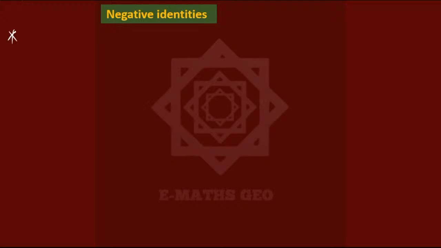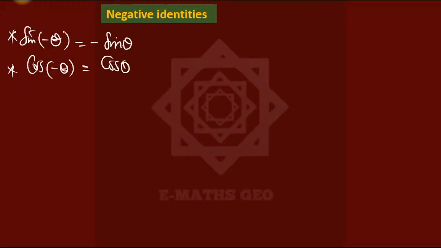So the negative identity, the first one is that sine negative theta is the same as minus sine theta, yes. The second one, cos negative theta, is just the same, neglect the negative sign.